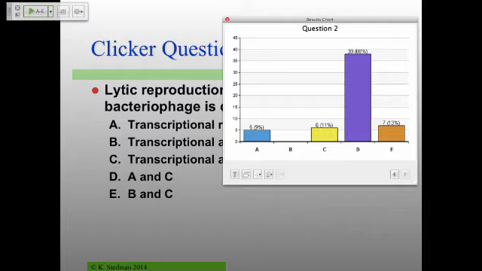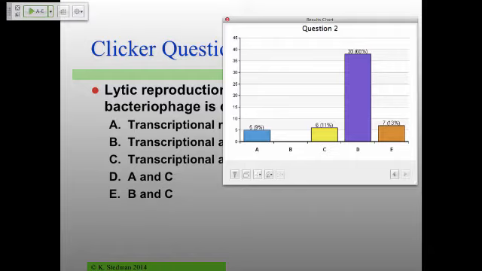So what's the transcriptional repressor that's most important for lytic growth? Okay, is that important for lytic growth? What happens when you don't have C1? Mutant. You still get lytic growth. So what repressor is important for lytic growth?